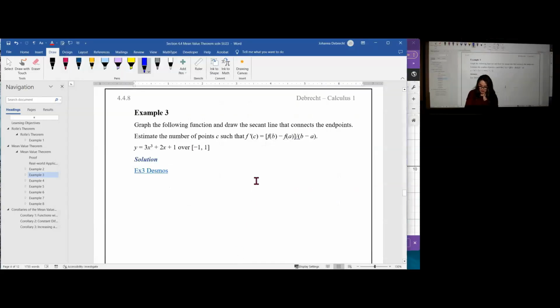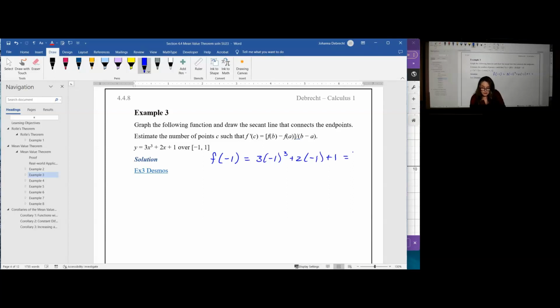In order to do that, we would have to compute the slope of the secant line and the derivative and solve to find our C's. We can go ahead and do that now. Remember that the function is a cubic, and at the endpoints, we end up with the following values.